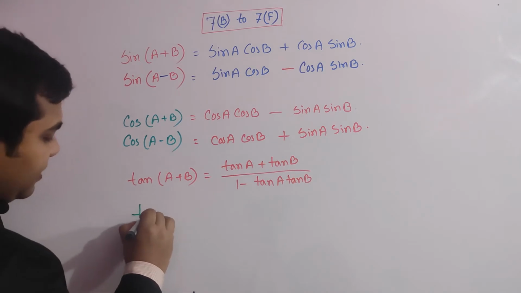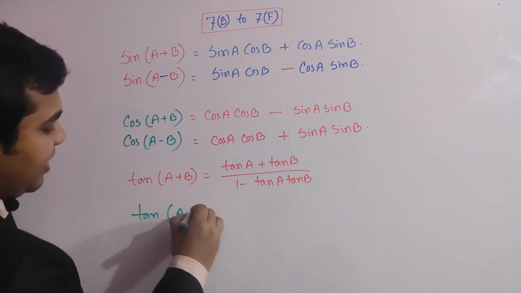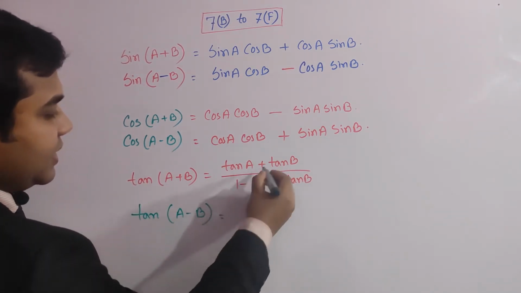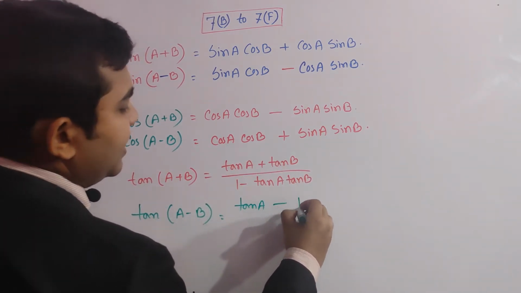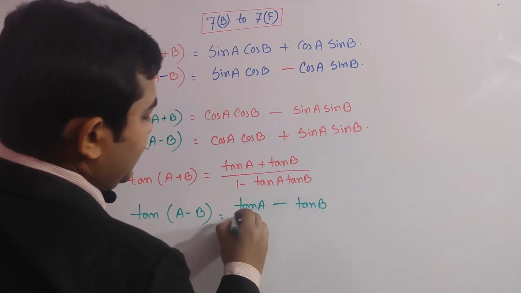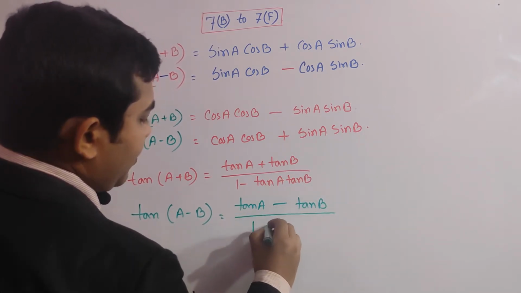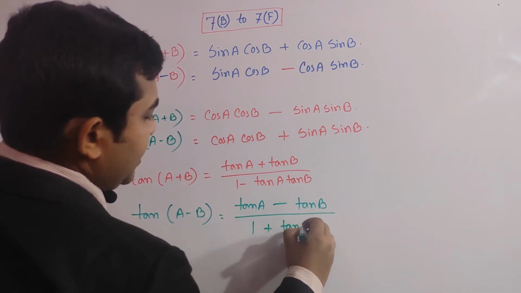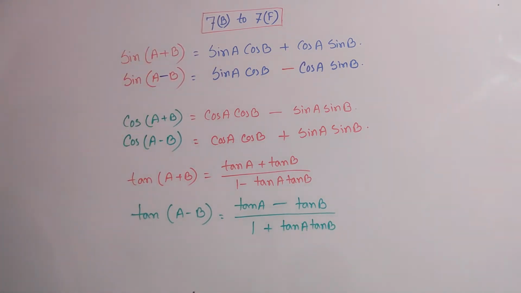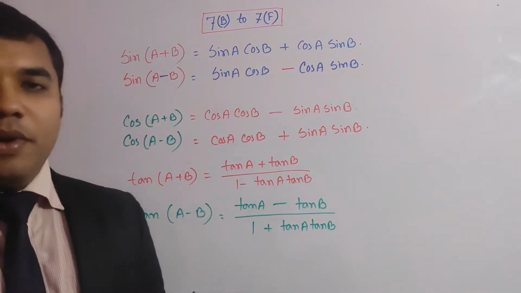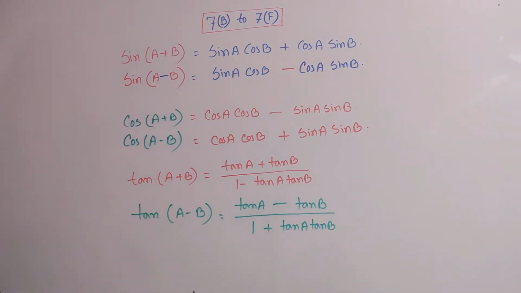The sign should just be changed. So tan A minus tan B divided by 1 plus tan A tan B.